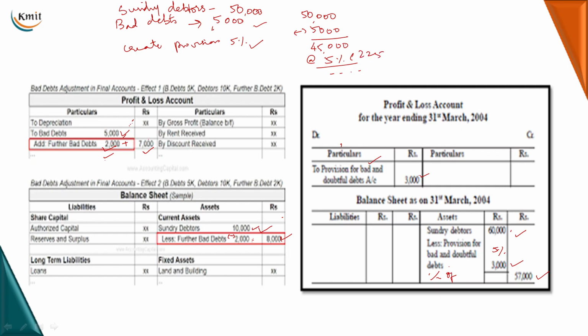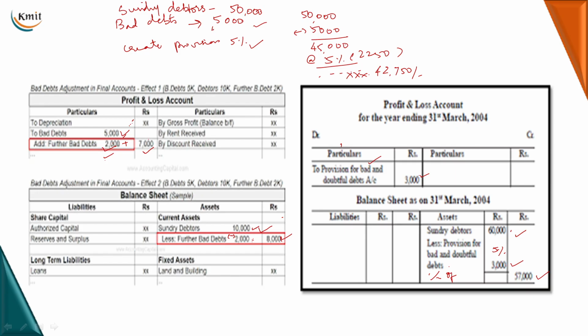So here when we talk about the 5%, it will be 2,250. So the final amount, whatever the balance is there, will be your total sundry debtors. It may amount to 42,750, somewhere around, right?